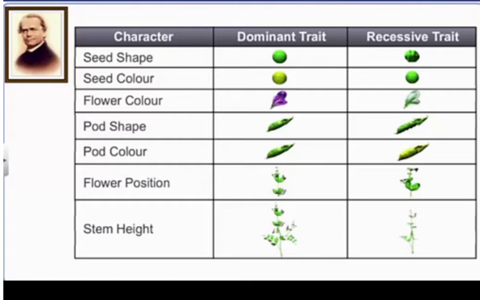The contrasting traits for the character of flower position were terminal and axial, and for stem height, the contrasting traits were tall and dwarf. So these were the 7 contrasting traits that Mendel selected for his hybridization experiments.